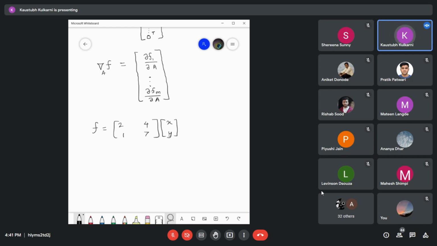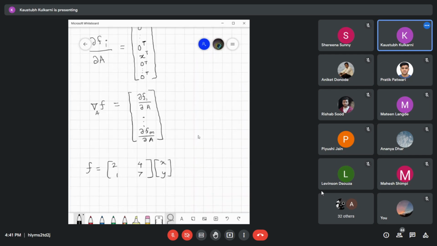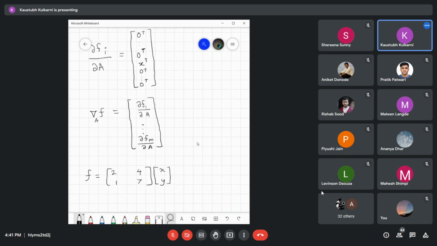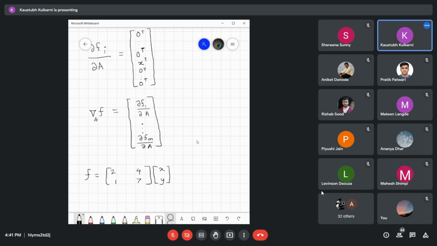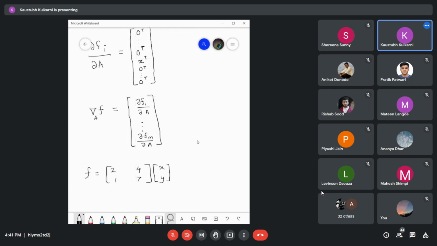So now we want to find the derivative of, so here fi is this row, basically 2 4.